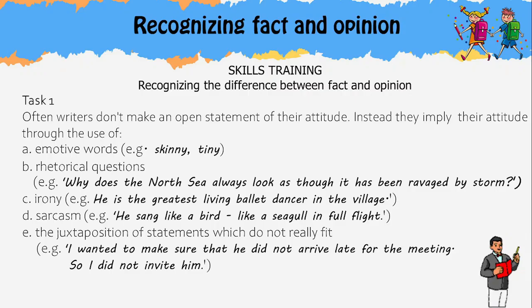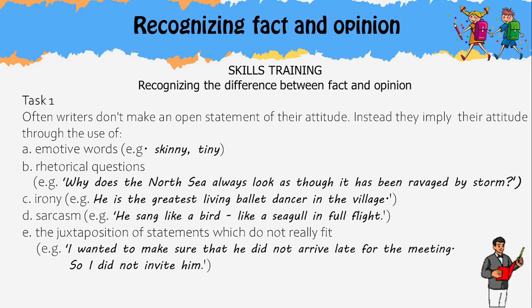So here, in the village maybe there is no other dancer. So it means that he wants to satirize him. He is the best dancer, but actually there is no other dancer in the village.